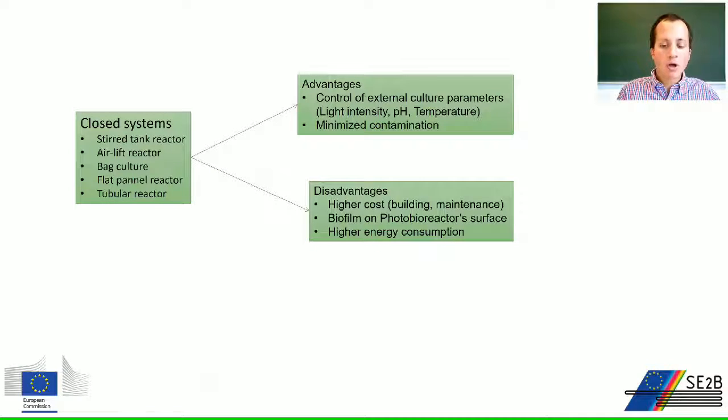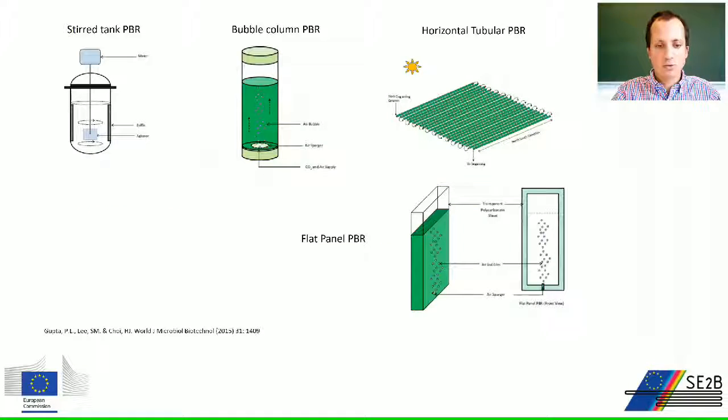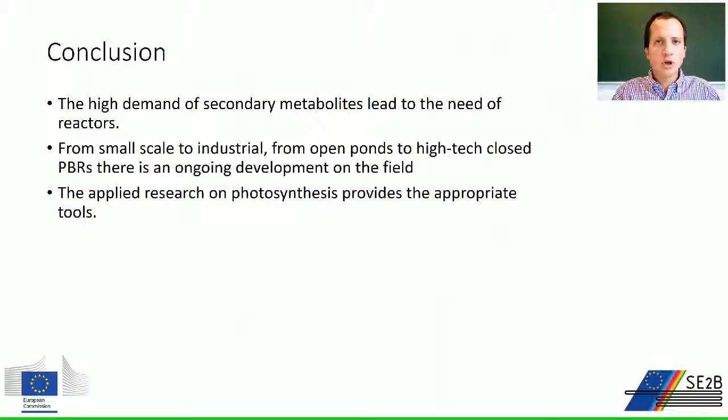However, they have a higher cost of building and maintenance, mostly because of the energy consumption due to external lighting systems. The following, like stirred tank, bubble column, horizontal tubular and flat panel photobioreactor, are some typical examples of closed reactors.